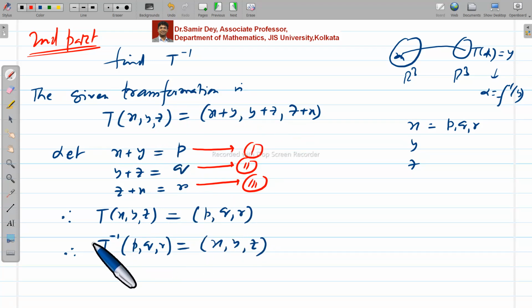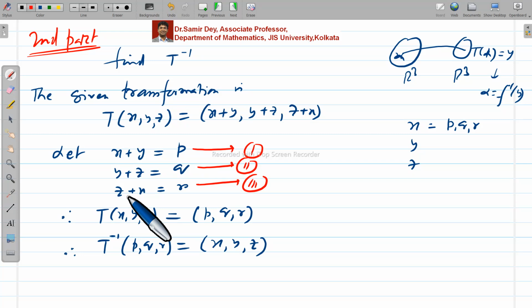So when you take the inverse of it, T inverse of (p, q, r) is equal to (x, y, z). So it is clear that the inverse function is in terms of the p, q, r variables, so we need to replace x, y, z. How? From these three relations, we need to solve them and find the values of x, y and z.